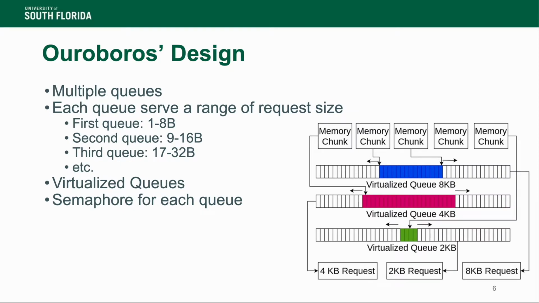Here is a quick overview of the Ouroboros design. Ouroboros divides the managed memory region into multiple queues, each serving a different page size. Instead of pre-allocating memory for the queues, the concept of virtualized queues was introduced.